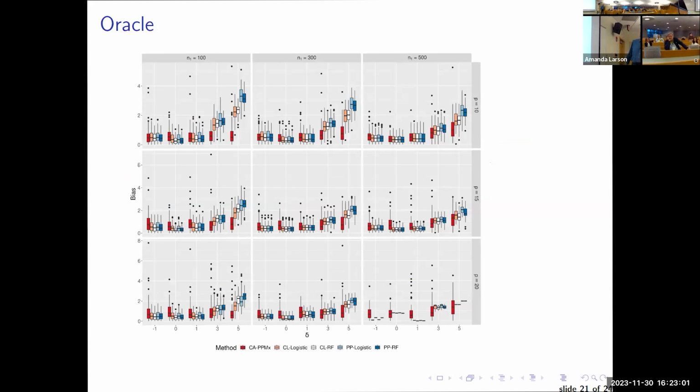On the vertical axis are biases, so 0 is good, yeah? On the horizontal axis, different levels of the true treatment effect in the simulation truth. And the different color box plots show different methods.